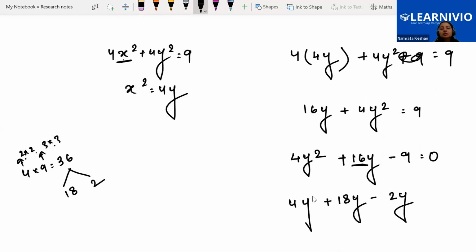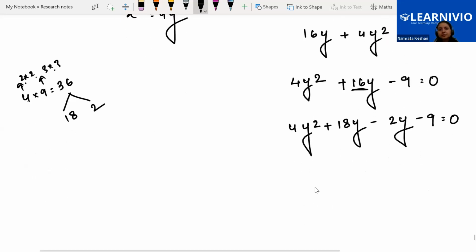Is it clear so far, Murtaza? Yes, ma'am. Like this only you have also done, right? Yes, ma'am. What is the common factor from the first two terms? Y? Y square?